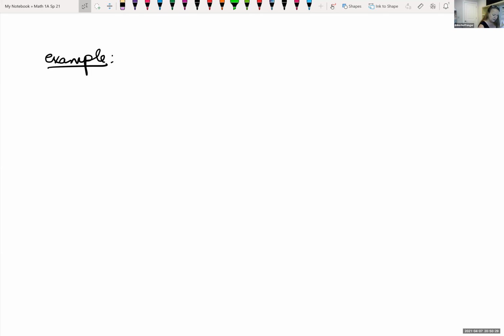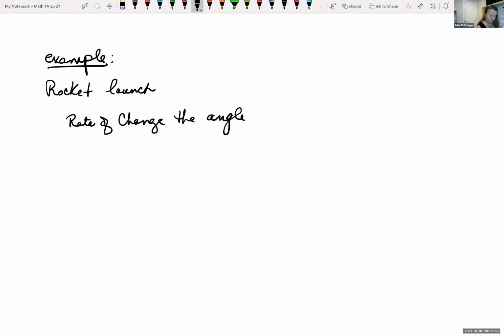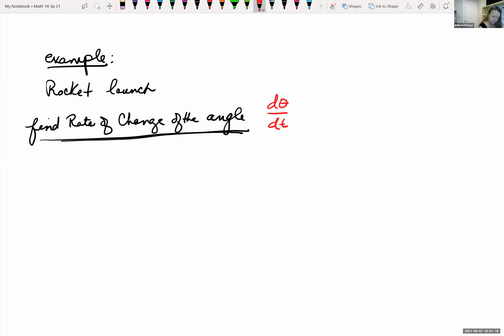Okay, so rocket launch. We want the rate of change of the angle, so maybe we could call that d theta/dt. The rocket's climbing at a rate of 600 feet per second.